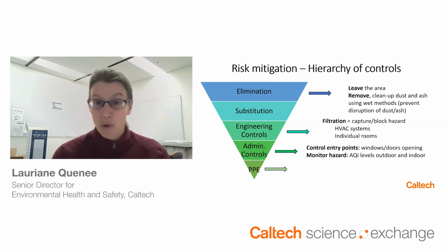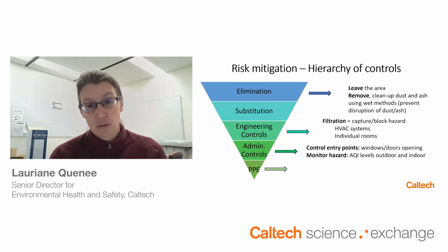For example, in commercial buildings where a lot of people come and go, the recommendation is to keep the doors and the windows closed because you have the HVAC system that is the main control point for air quality inside the building. So what you want is to rely on your building engineers or building administrator to really make sure that the HVAC system does the mitigation and the control.